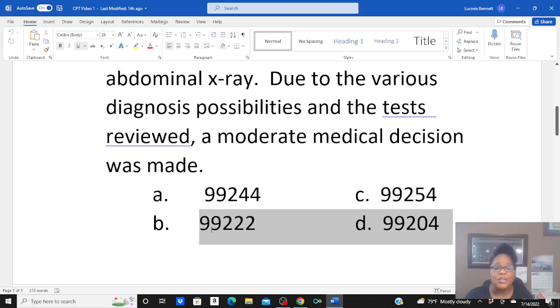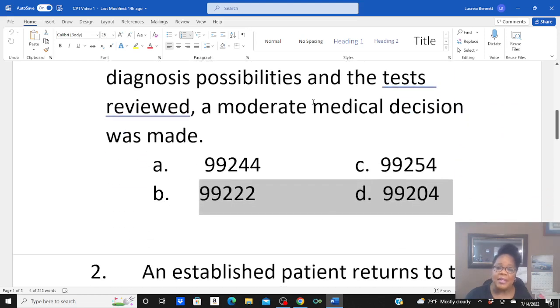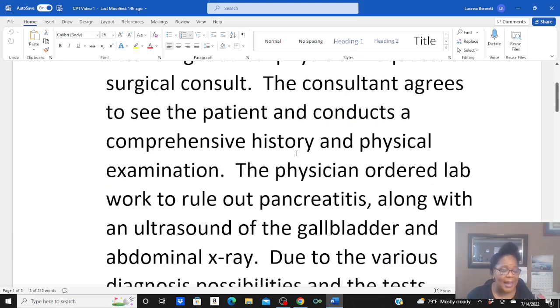They're not even within the range of codes, okay? And then it says this patient is in the hospital. So you can even go right here and know it's got to be 254, because 244 is an outpatient consultation.